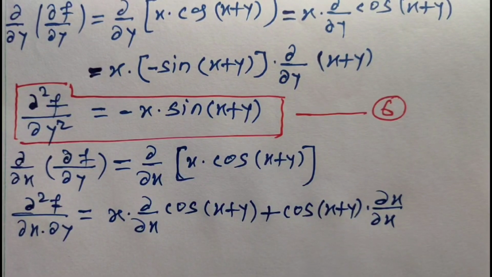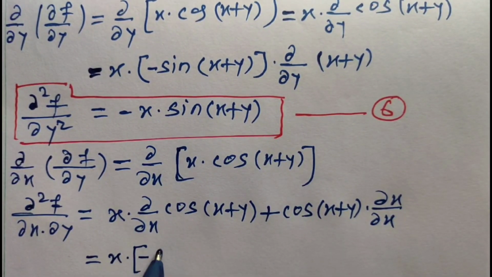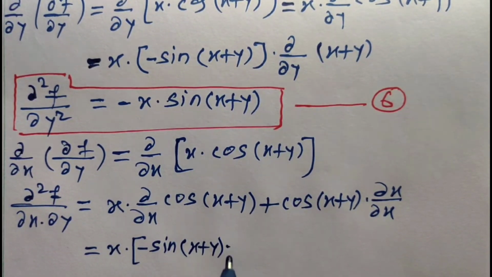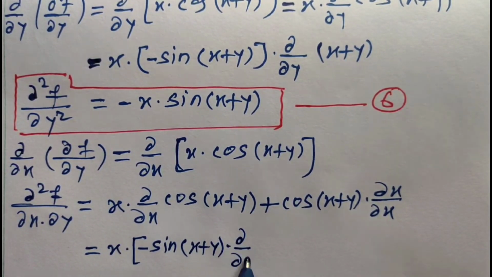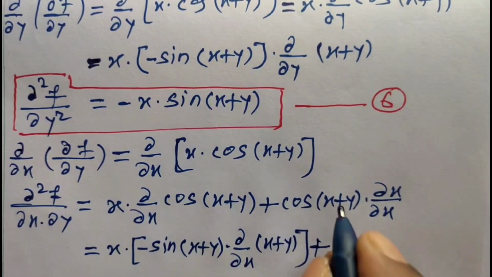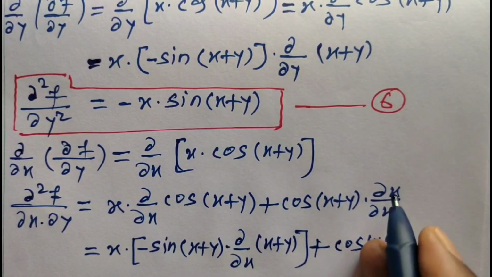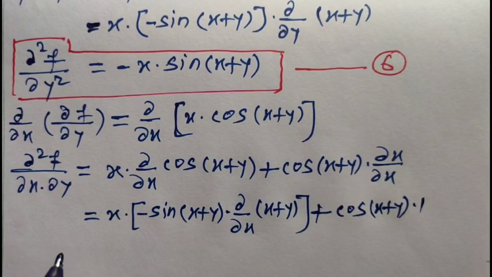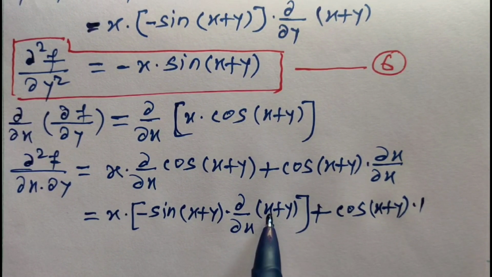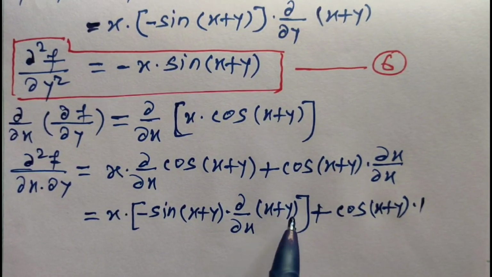Simplify this. This is equal to x into the derivative of the cosine function, which is minus sine of (x plus y), into the partial derivative with respect to x of (x plus y), plus cosine of (x plus y) as it is, and you know the partial derivative of x with respect to x is 1. Again, the derivative with respect to x of this bracket: the derivative of x will be 1 and y is a constant term, so its derivative with respect to x will be 0. 1 plus 0, that becomes 1.